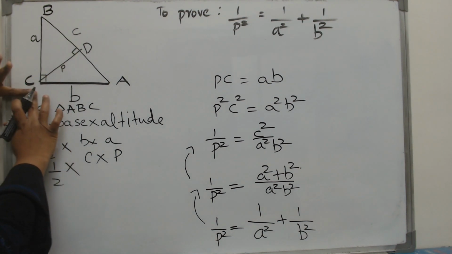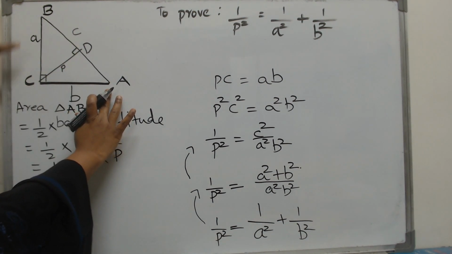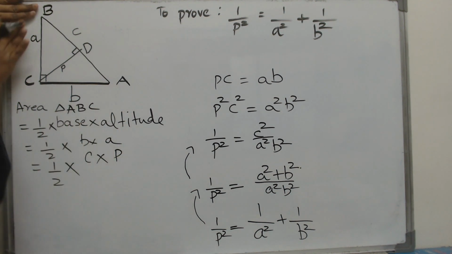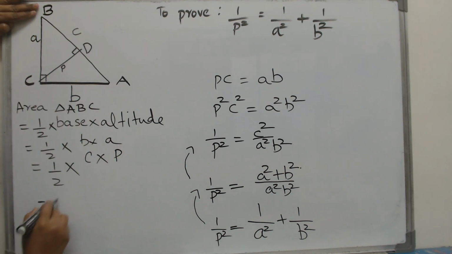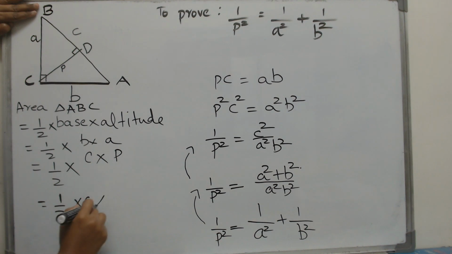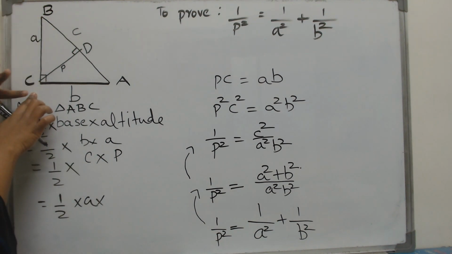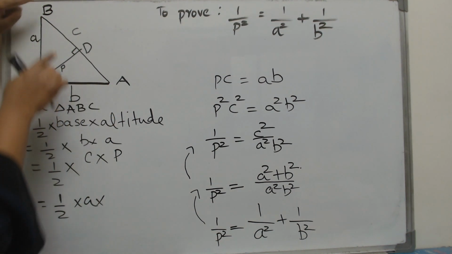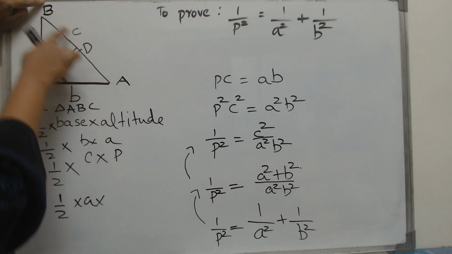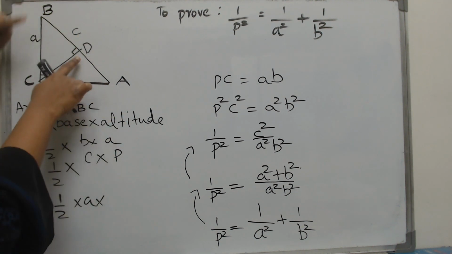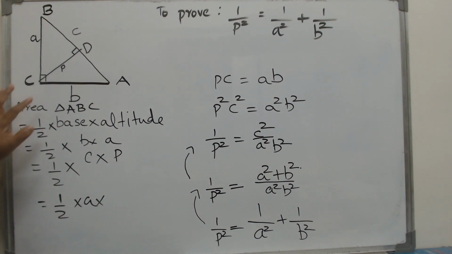If you take b as the base, a is its altitude. If you take a as the base, then what will be its altitude? If a is the base, its altitude is b. If you take AB as the base, then its altitude is CD. So the same quantity is expressed in 3 different ways.